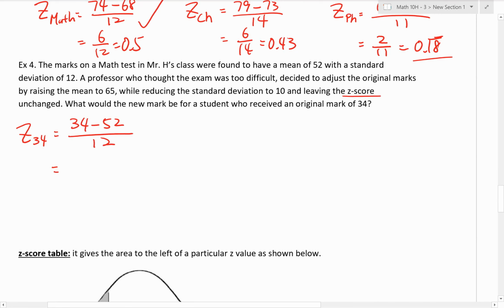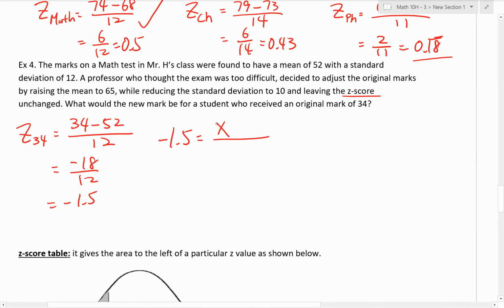So this is going to be negative 18 out of 12, which is negative 1.5. This was the student's z-score. Now, the professor decided to change the mean to 65 while reducing the standard deviation to 10, but the z-score remains the same, negative 1.5.